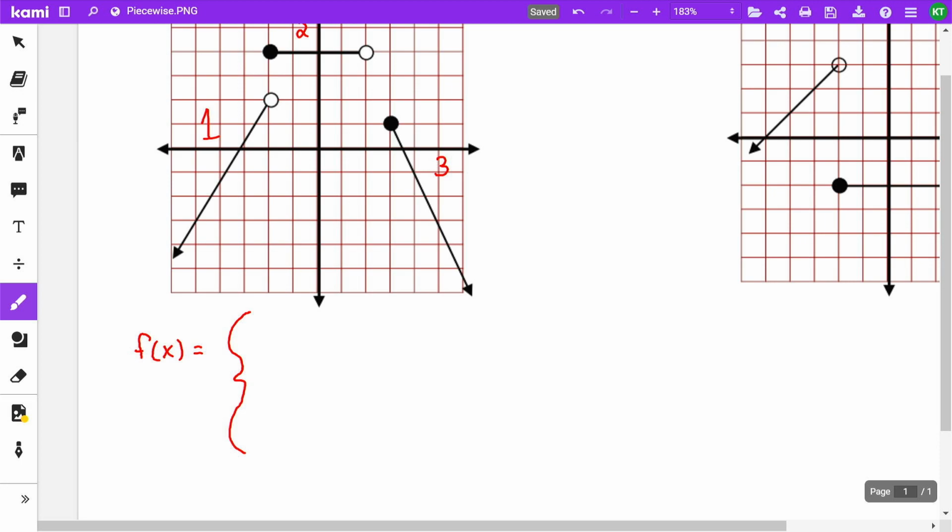So our point we're going to be using for this first one, let's go ahead and use this point right here, which will be negative 2, 2. And then our slope for this one, if we take that point and we take our slope, which looks like here, we're going up 1, 2, 3, 4, 5, 5 over 3.